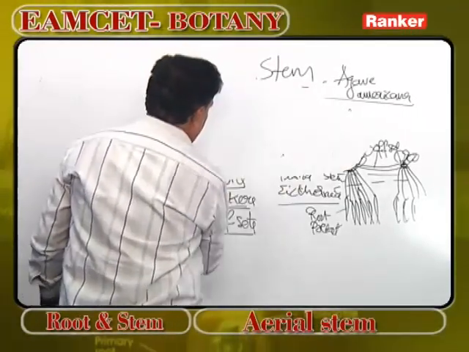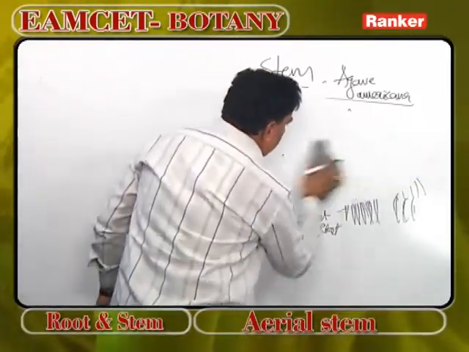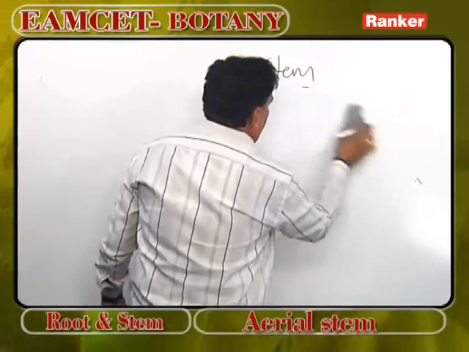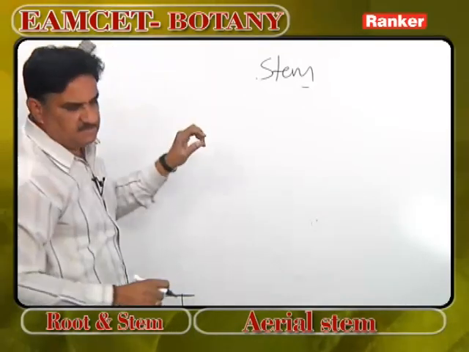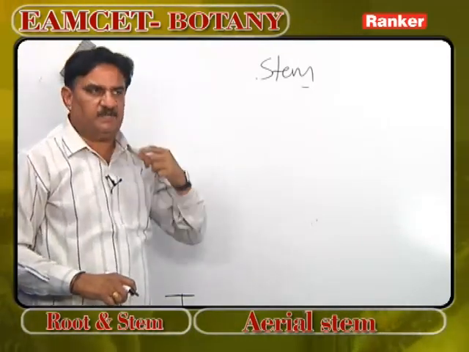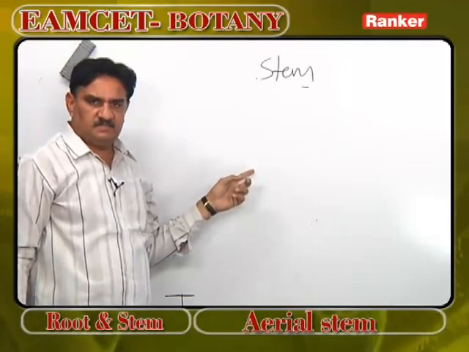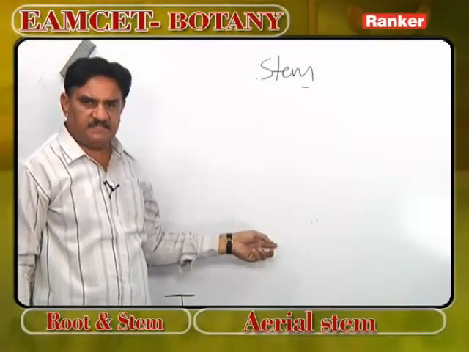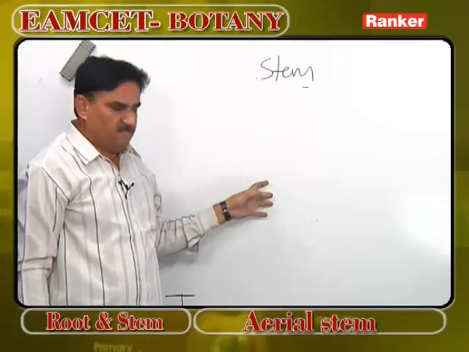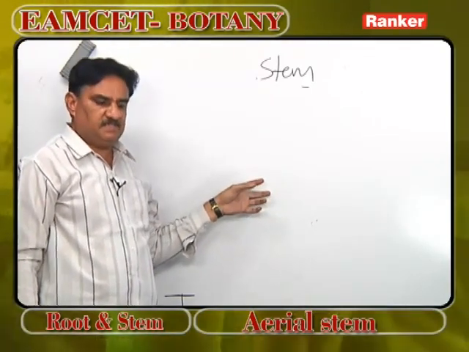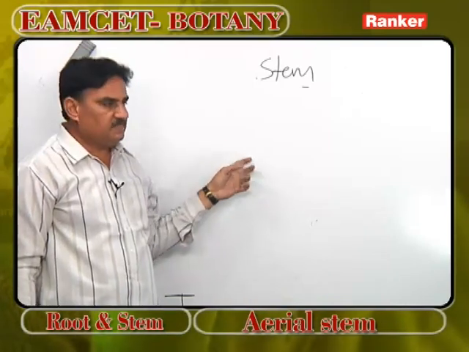So subaerial stems are partly aerial, partly underground. They mainly help in vegetative propagation, and the subaerial stems that help in vegetative propagation are of four types: runners, stolons, suckers, offsets. Runners grow obliquely on the soil, above the soil, helping in vegetative propagation, with prominent nodes and internodes.